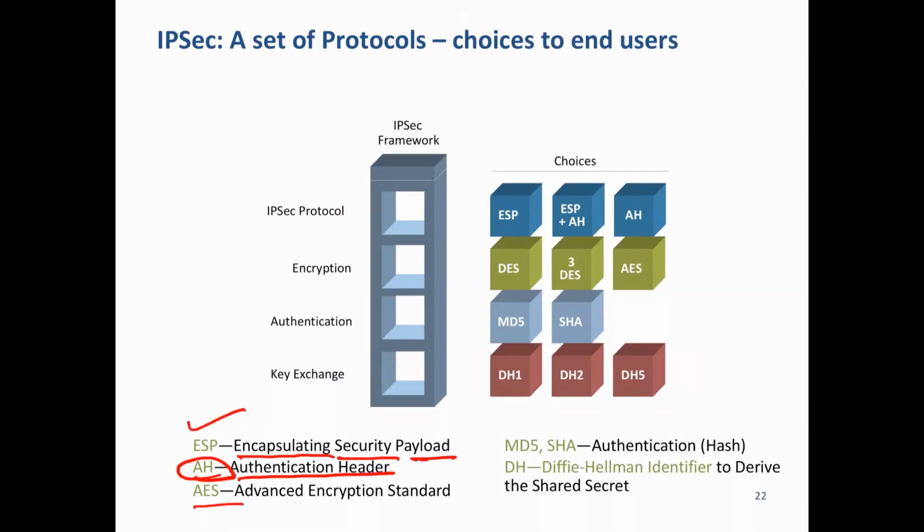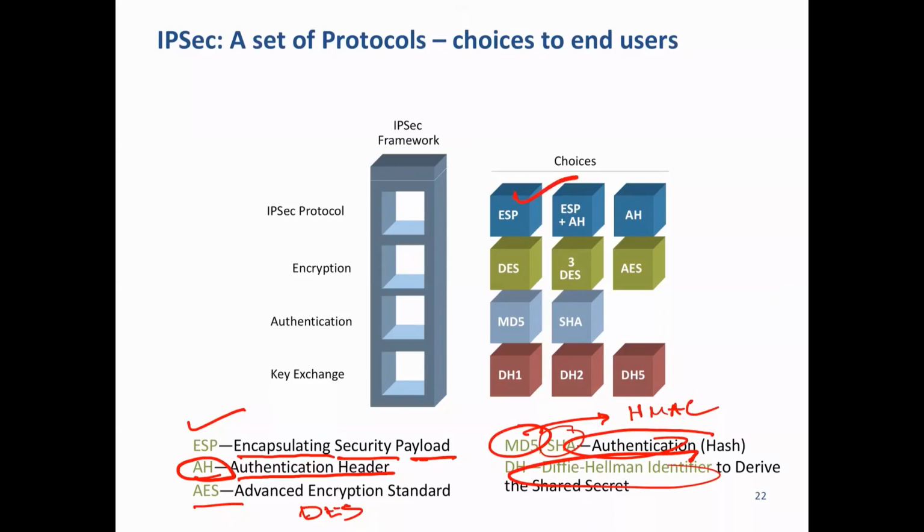Then you can use AES or DES. And then for authentication you have MD5 or SHA. This is basically HMAC. And Diffie-Hellman for exchange of keys.